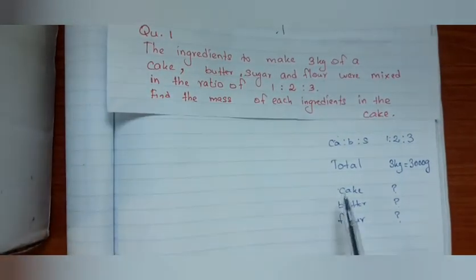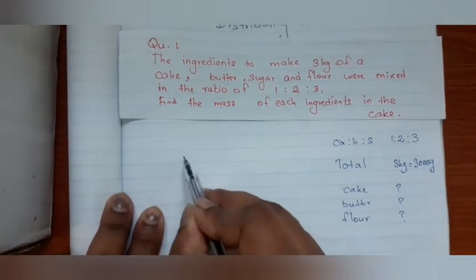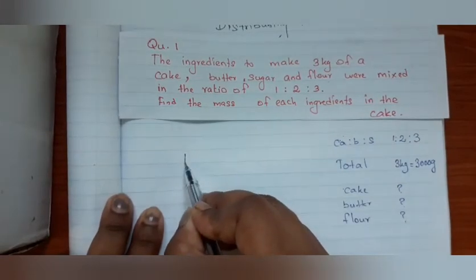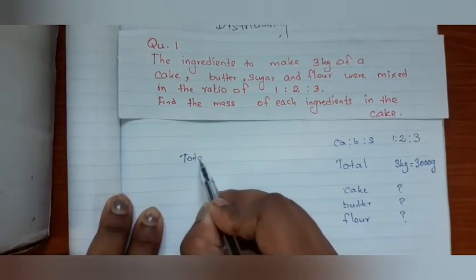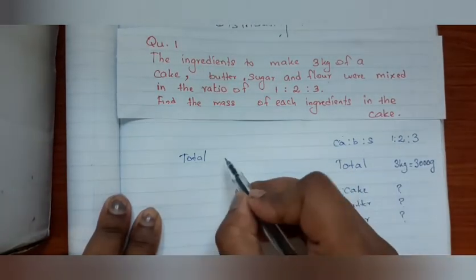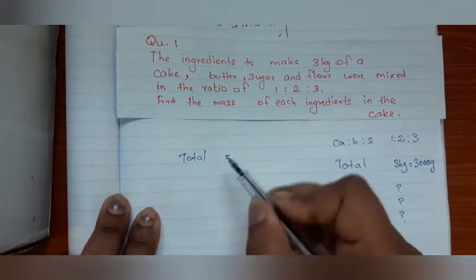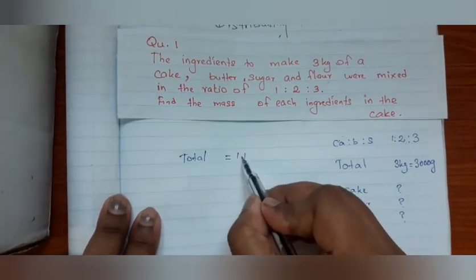As you can see, the total is given, and the mass of cake, butter and flour has been asked. So first you need to find the total parts of the ratio. As you know, these are terms of the ratio. So the first step is to find the total parts, which is adding all three terms together.